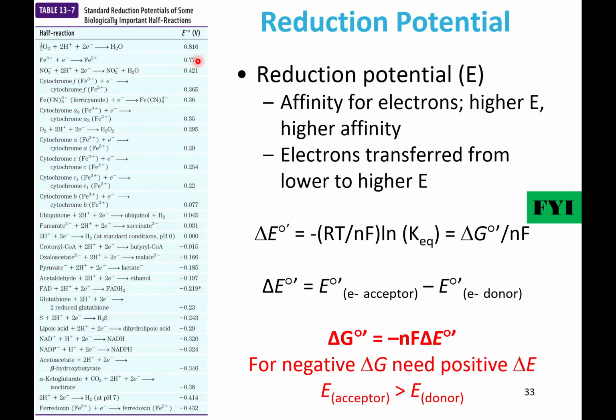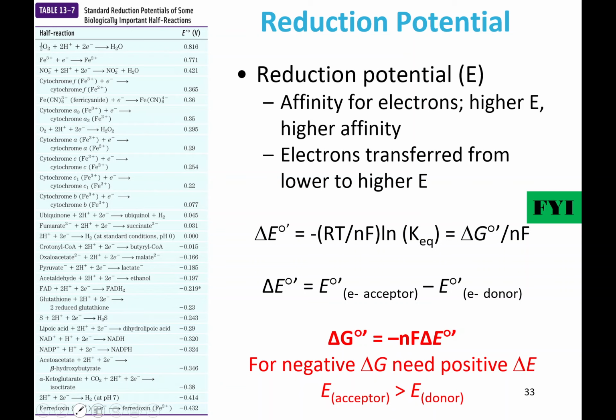And so the higher the value for that reduction potential means that has a higher affinity for electrons. Okay. So electrons then are transferred from things lower on this list to things that are higher on this list.